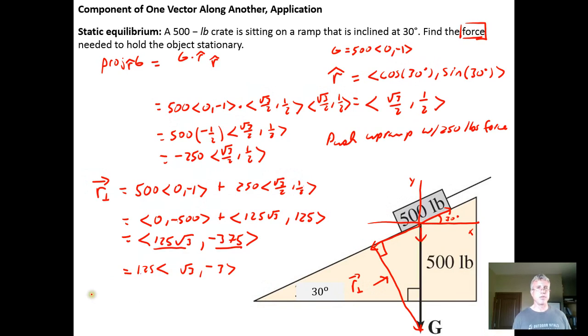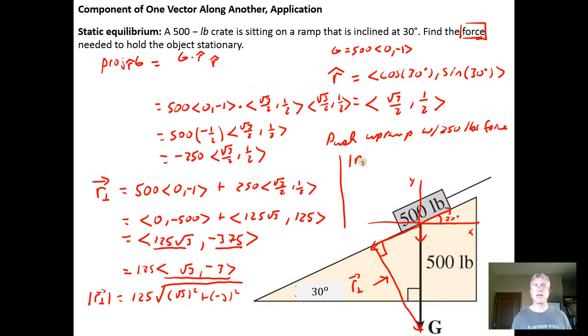And so if we wanted to know the size of the perpendicular force, we would just say it's going to be 125, the scalar, times the size of the vector it's being multiplied by. So it'd be times the square root of the sum of the squares of the vector components. And we could do that calculation pretty easily.